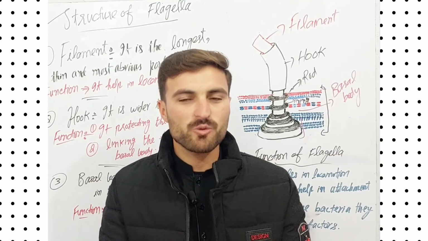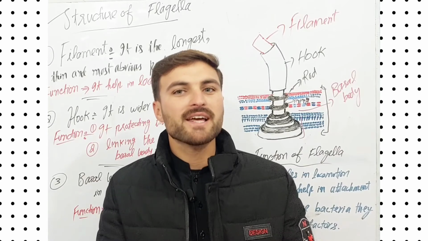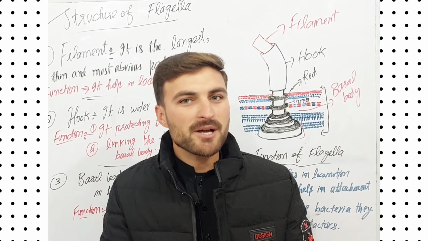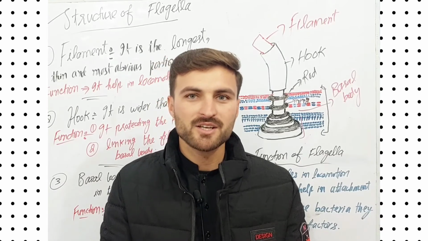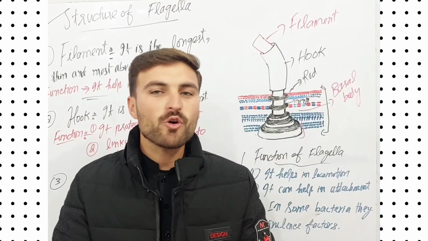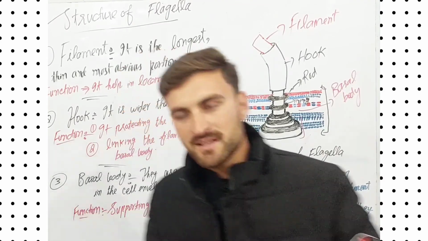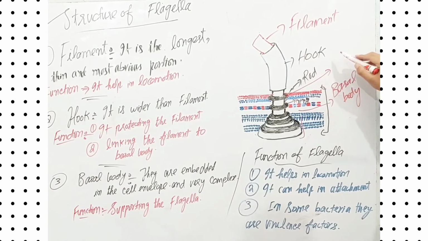Why is it so? Because gram-negative bacteria have an outer layer, and gram-positive bacteria don't have an outer layer or outer membrane. Because of that outer membrane, gram-negative bacteria have 4 rings. This ring which is here is called the L ring.